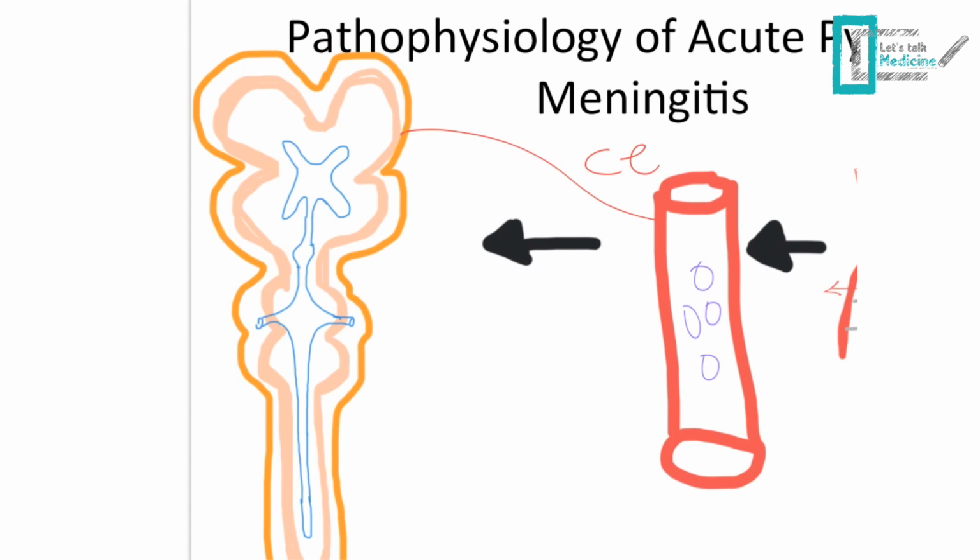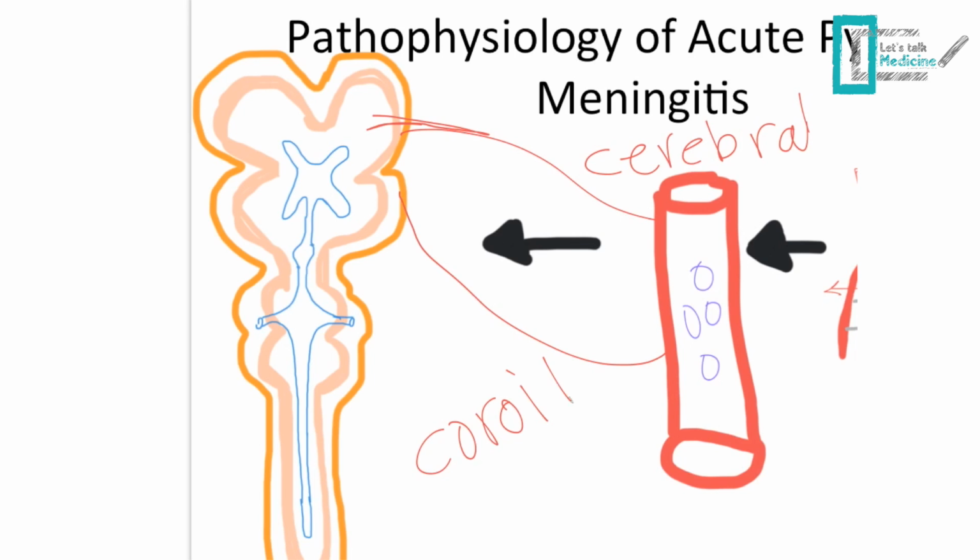So we have here the cerebral vessels, and we also have the choroidal vessels. This one goes to the cerebrum, and then we have the choroidal vessels. So there are two routes: through the cerebral vessels and the choroidal vessels. As we mentioned, the hematogenous route is the most common way of transmission of organisms.